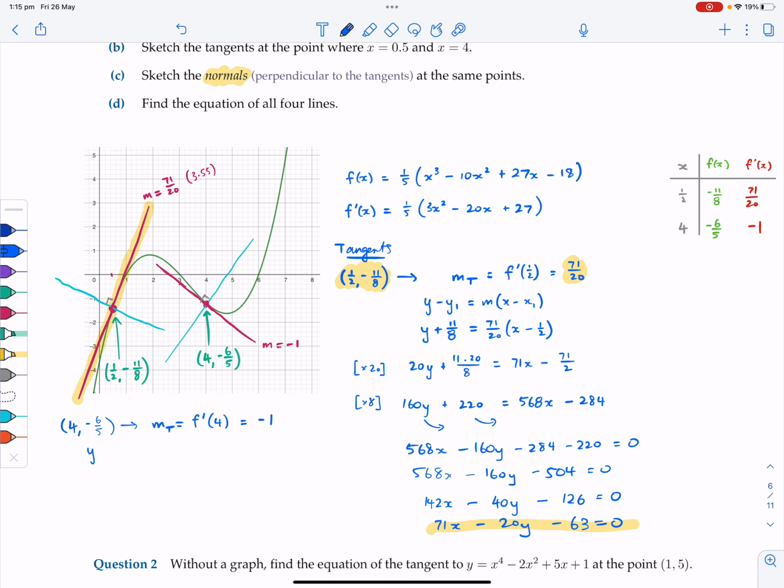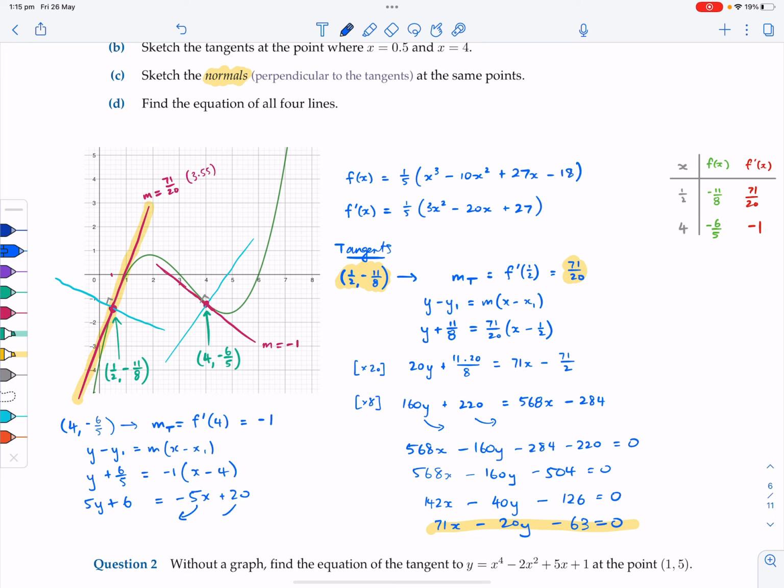Okay, and so now y minus y1 equals m, x minus x1. So I've got y plus 6 over 5, that's my y value, is negative 1, that's my gradient, x minus 4. So this is much more civilized than before. So I get 5y plus 6, multiply everything by 5, is negative 5x plus 20.